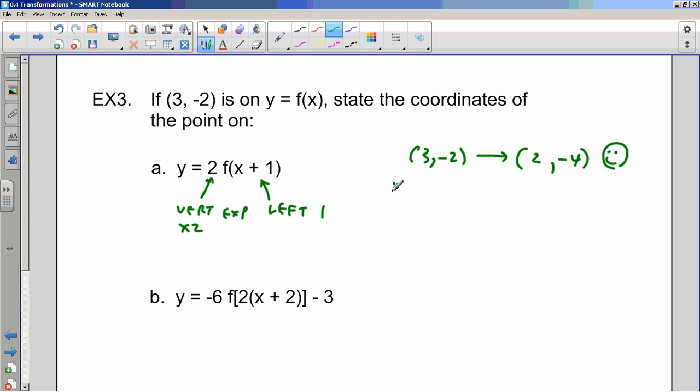The textbook would get a formula, right? They'd say on f, if we have the point (x, y), what is it on this equation? What do the transformations do? Well, left 1 means the x coordinate gets subtracted by 1 and the y coordinate gets doubled.